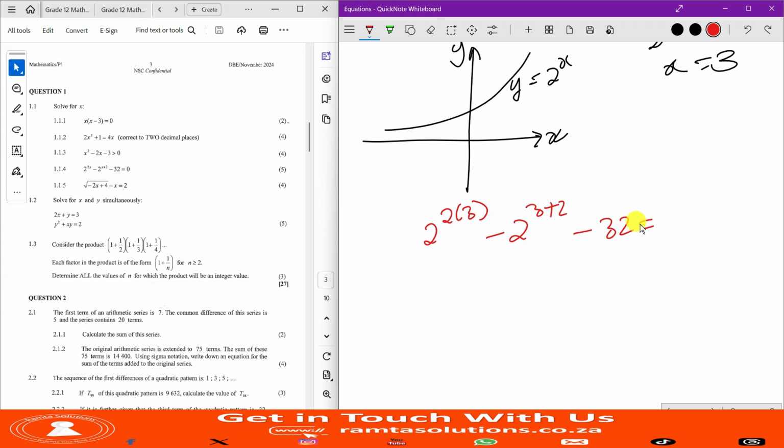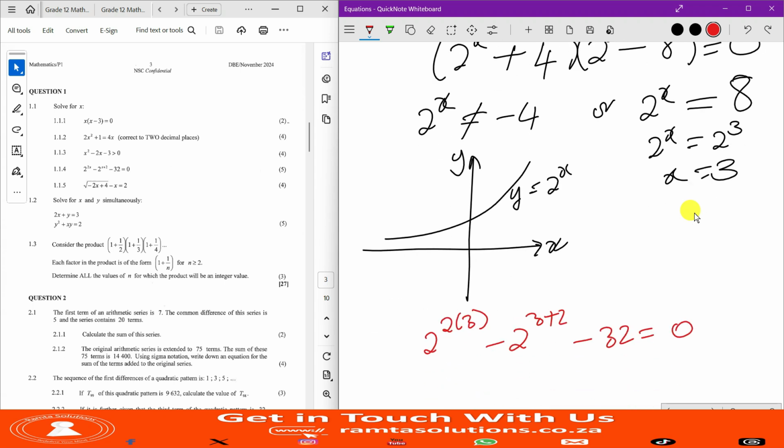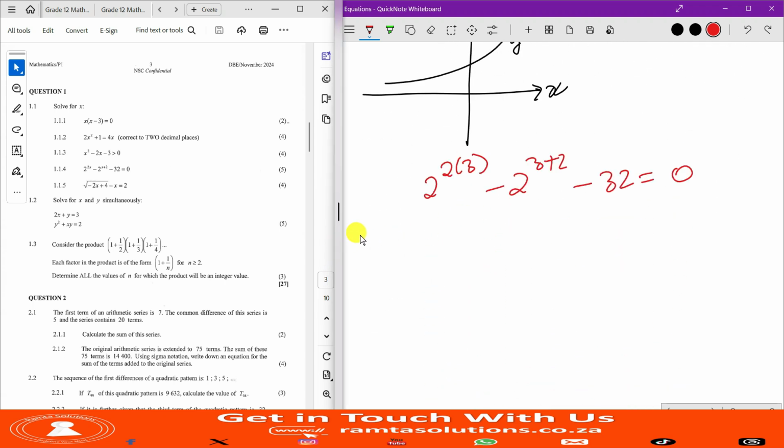It's 0. Okay, it is 0. So these get to make sense, right? Great stuff.